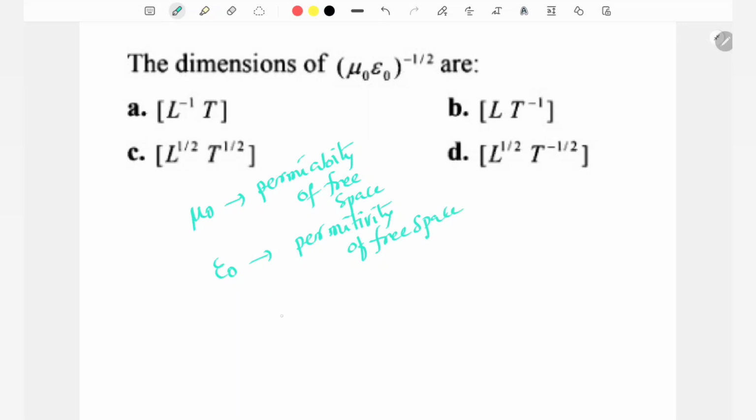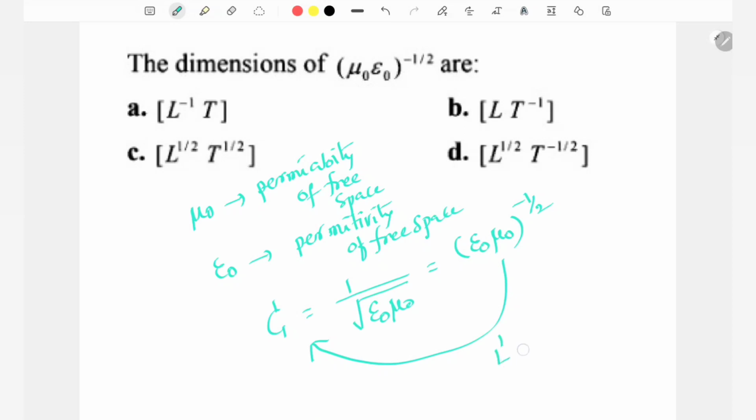They are related to the velocity of light as c is equal to 1 by square root of epsilon naught mu naught, which can be written as epsilon naught mu naught whole to the power of minus 1 by 2. So the dimensions of epsilon naught mu naught whole to the power of minus 1 by 2 is similar to c, the velocity of light, whose dimensions is L power 1 T power minus 1. So option B is the correct one.